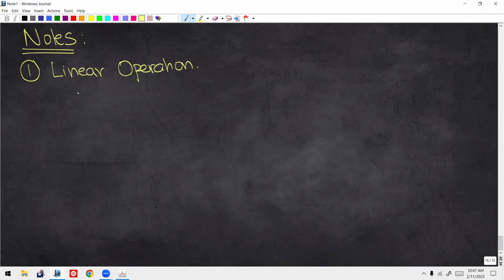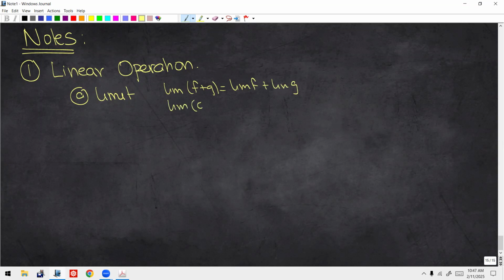Let me remind you of a couple. The three that you've come across that you should know: limit is a linear operator. Why is that? If you take the limit of f plus g, we get the limit of f plus the limit of g. And if you take the limit of some constant times f, you can pull that constant out. So limit is a linear operator. Then we have derivatives.